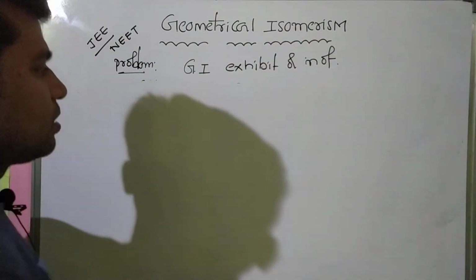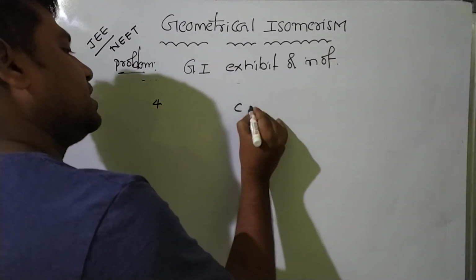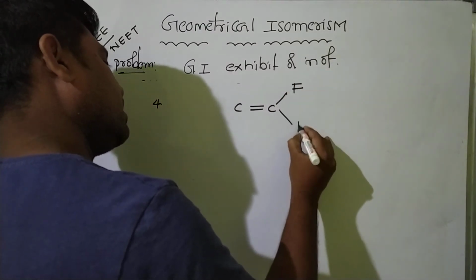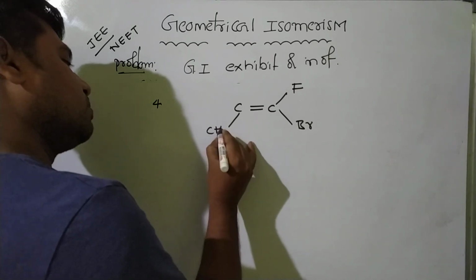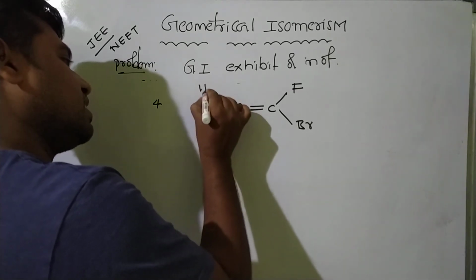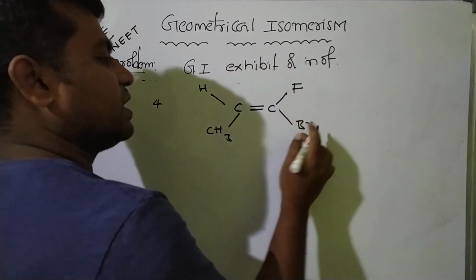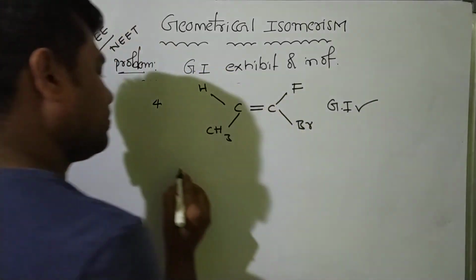Next, fourth example. C double bond C, fluorine, here bromine, this is a methyl group, and this is hydrogen. Here also A not equal to B, C not equal to D. This will also exhibit geometrical isomerism.